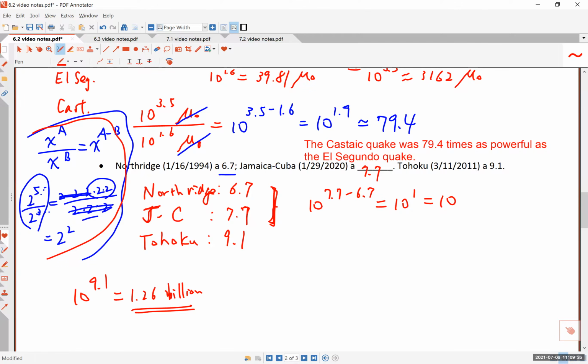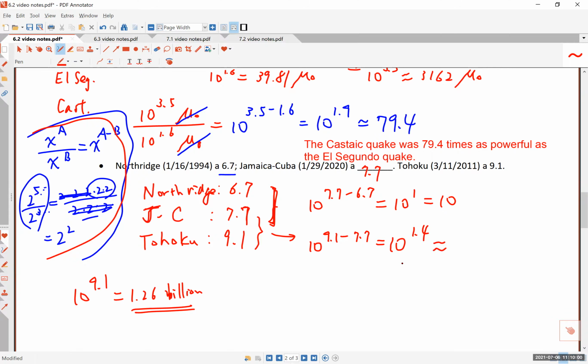All right, let's compare these two. We're trying to find out how much more powerful the Tohoku earthquake of Japan was compared to the Jamaica-Cuba earthquake of 2020. So this is 9.1 minus 7.7, which is 1.4, and you raise 10 to that power.